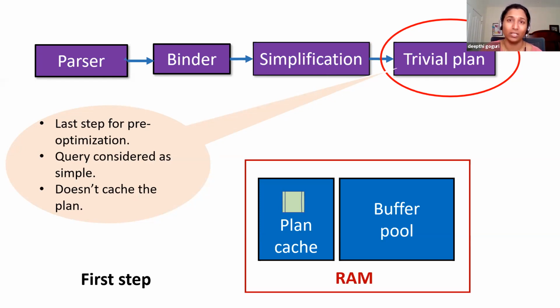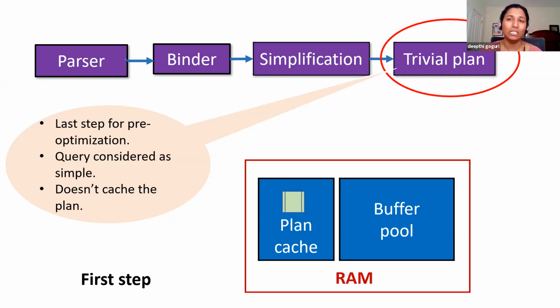All these previous components have built a parse tree, but I do not want to consider that. Let me just discard that parse tree, because now I can build a trivial plan on the fly, because it did not cost any resources to create those trivial plans.